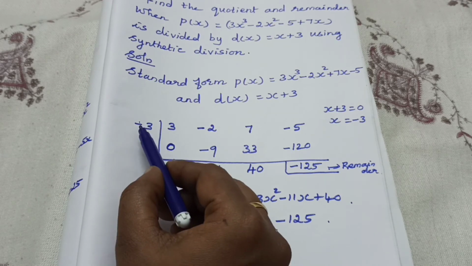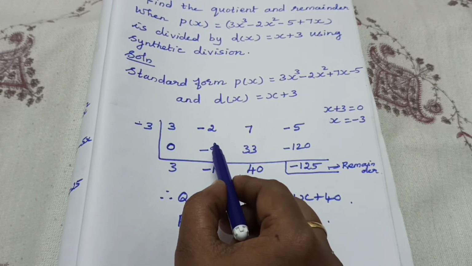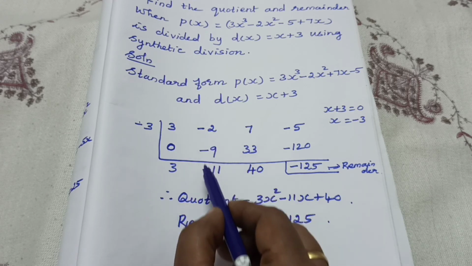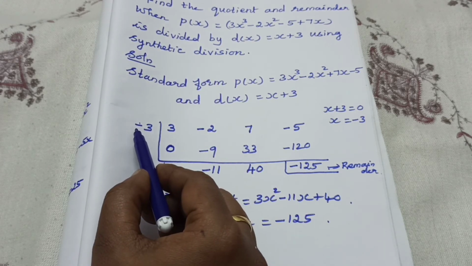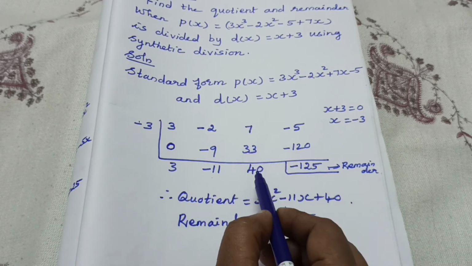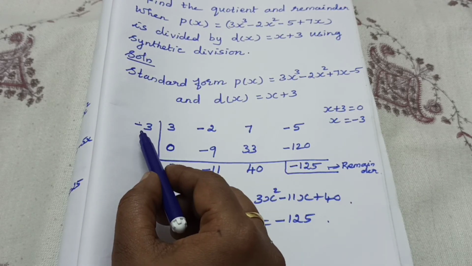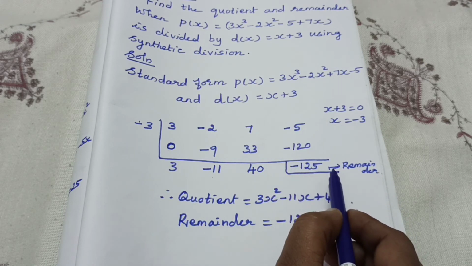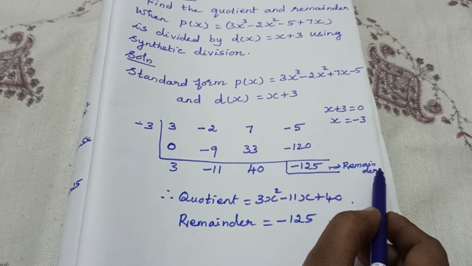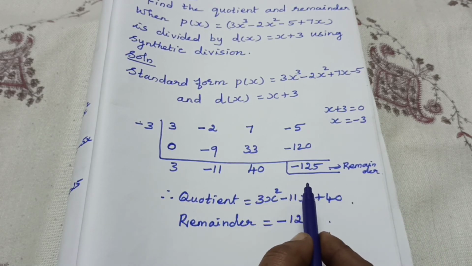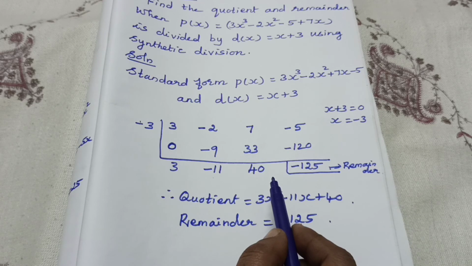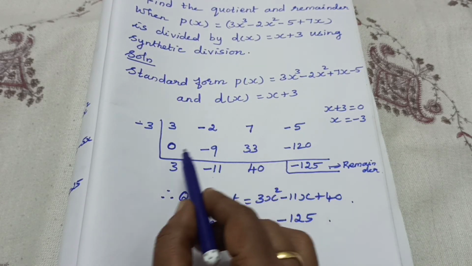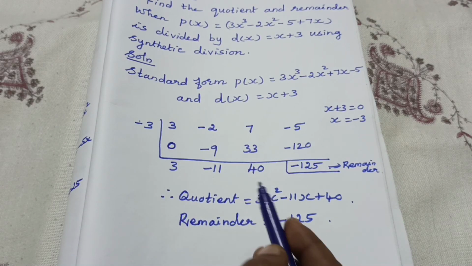Then this 3 and minus 3 multiply, and write it in the second column, second row. Then add. Minus 11 and this one multiply and write it here. Add it. 40 and this minus 3 multiply and write it here. Then add. The last term is always the remainder. Very simple method. Can you follow? The last is the remainder, and the remaining is the quotient. Any doubt?